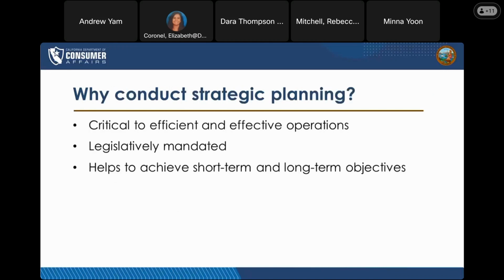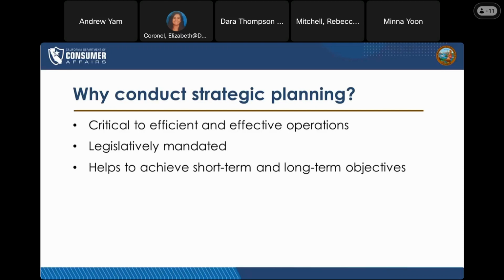organization. Why is a strategic plan needed? Well, strategic planning is critical to making state government programs and operations more efficient and effective. In the early 1990s, legislation enacted required California state agencies to develop strategic plans, measurable performance objectives, and continuous improvements.